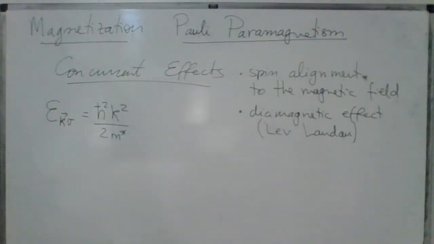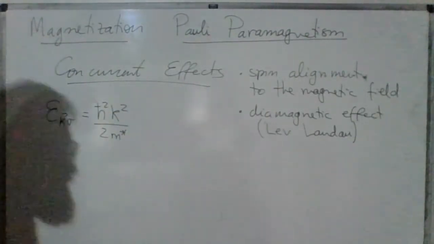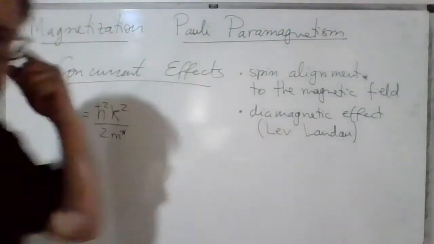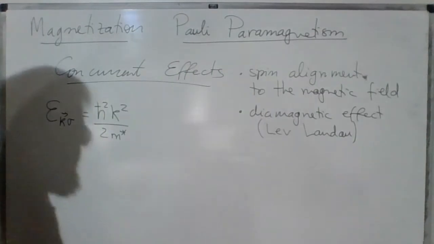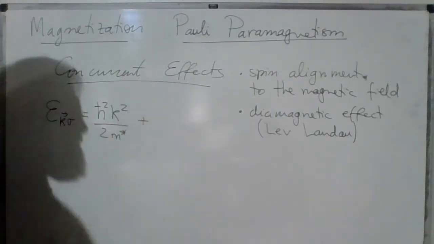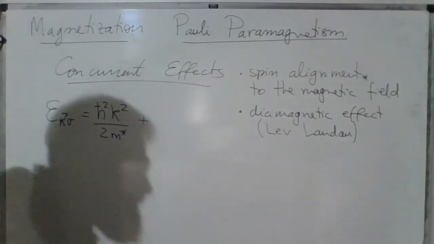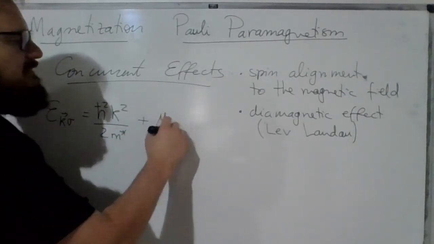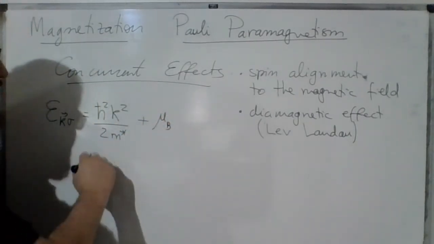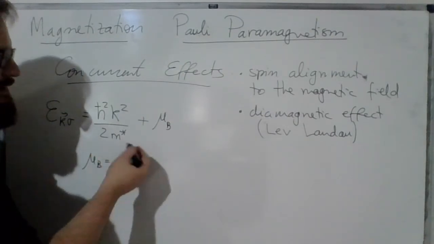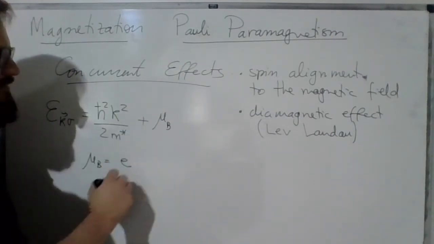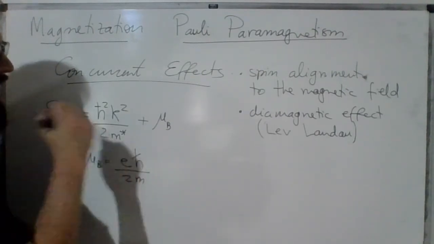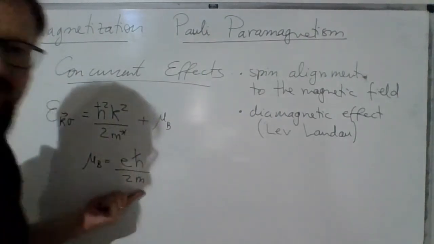Supposing an electron gas, it could be a whole gas, or whatever the fermions are. If they have an intrinsic magnetic dipole moment, you will have a Bohr magneton. The Bohr magneton corresponds to the electric charge in modulus times h bar divided by twice the mass of the particle.